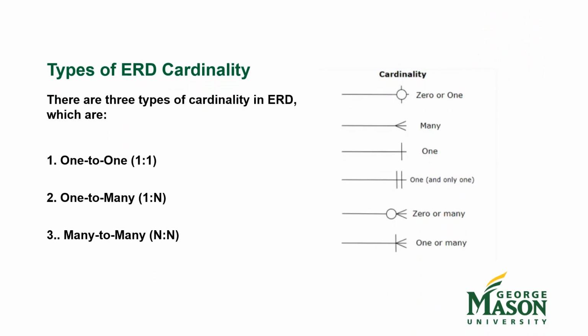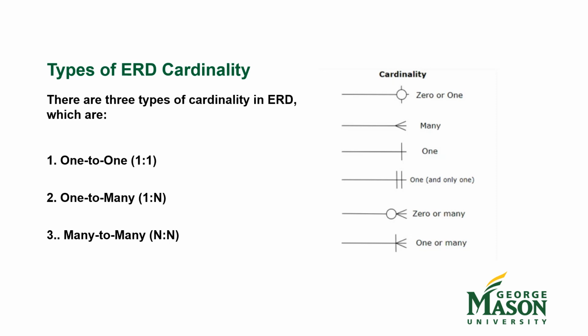Types of cardinality. There are three types of cardinality in ERD, which are one-to-one, one-to-many, and many-to-many. One-to-one cardinality. In a one-to-one relationship, each instance of one entity is associated with only one instance of another entity and vice versa.